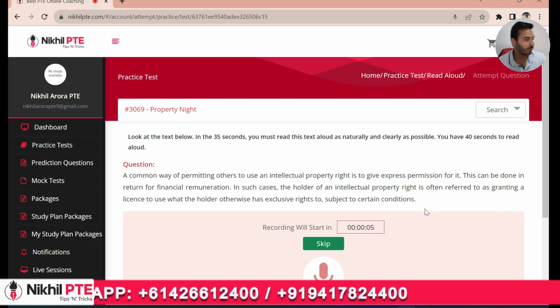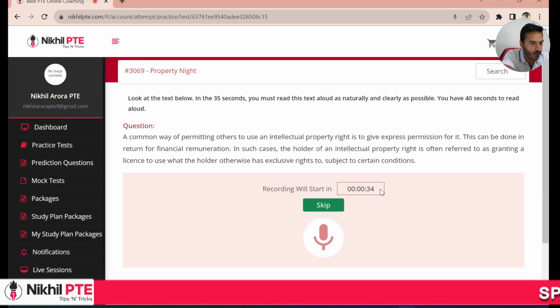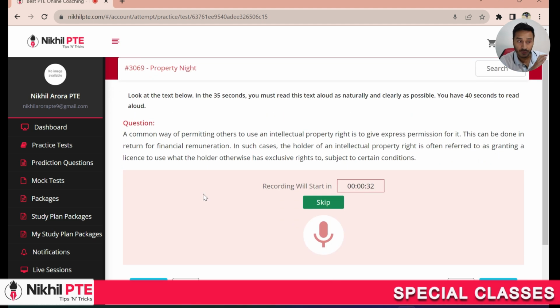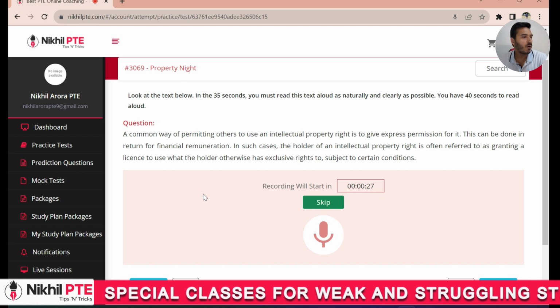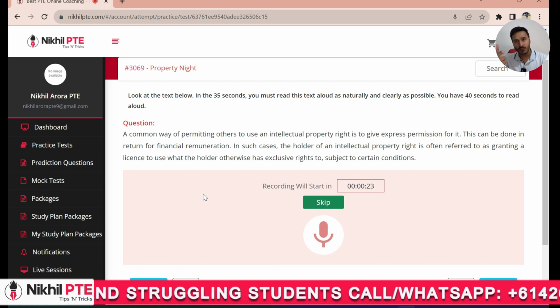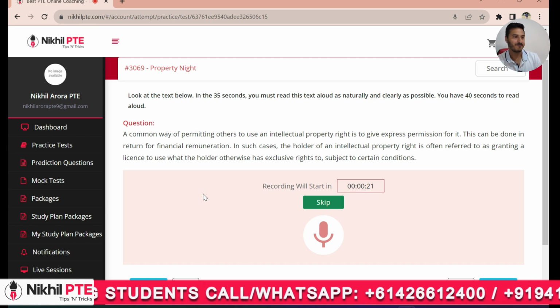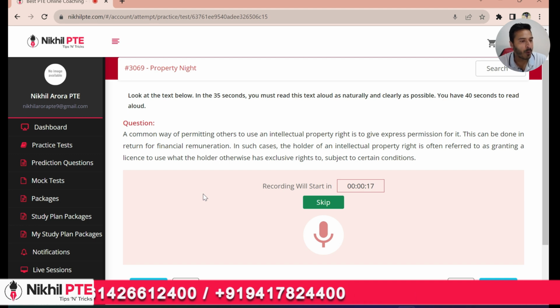Let's start this question. Okay, the timer is almost done. Just refresh this question and read it again. I hope you are understanding what I'm trying to say. A common way of permitting others to use an intellectual... If you are not able to speak this word, what you have to do? Skip it. A common way of permitting others to use a property right is to give express permission for it.